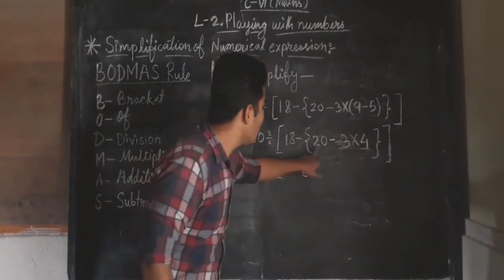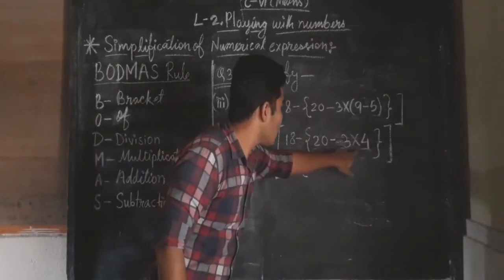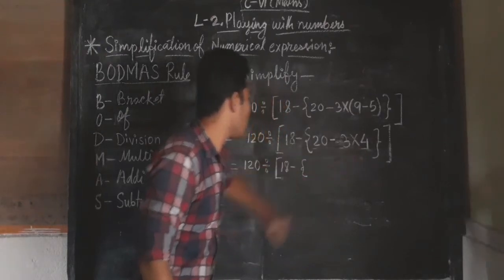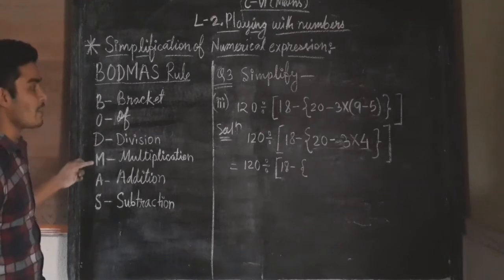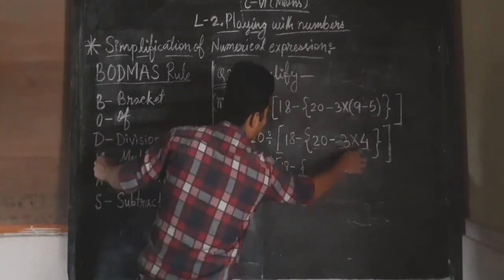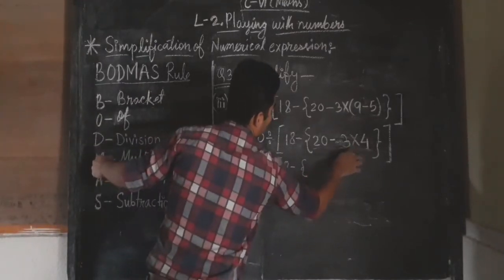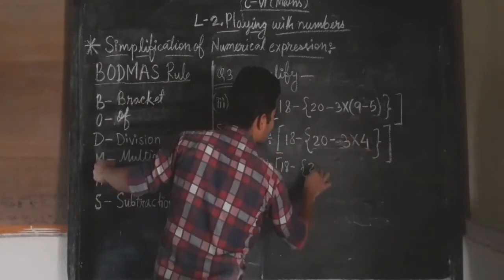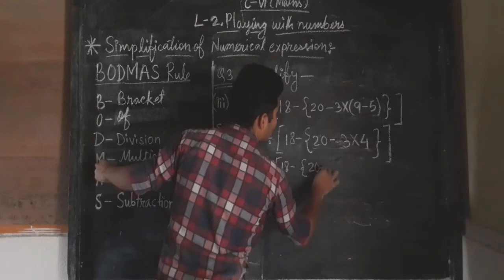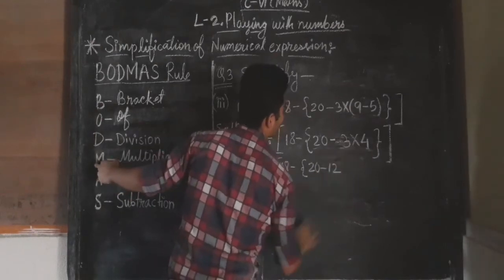Now you can see here it is 20 minus 3 into 4. Which sign do we calculate first? There is no division, so we skip this, then we get multiplication. That means we have to do the multiplication first. Multiplication lies between these two numbers, so we will do multiplication of these two numbers only. The other things, let them be like that. 20 minus, 3 fours are 12.